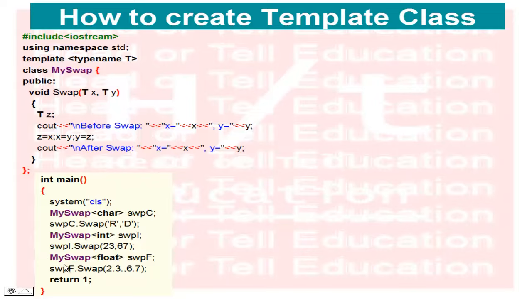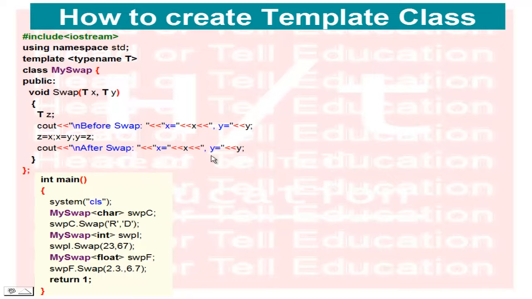Now next myswap. Again this time I am passing the float data type, so the object name is swpf. So I call swpf.swap 2.3, 6.7. So these are floating point values.